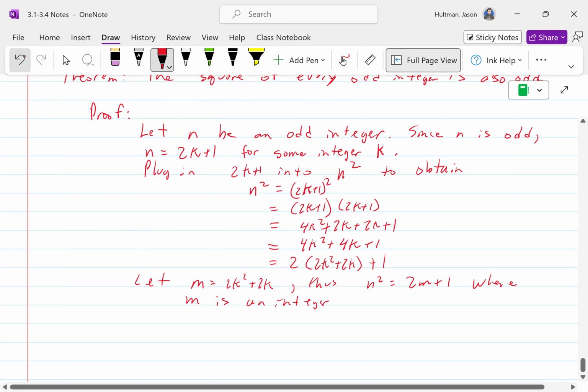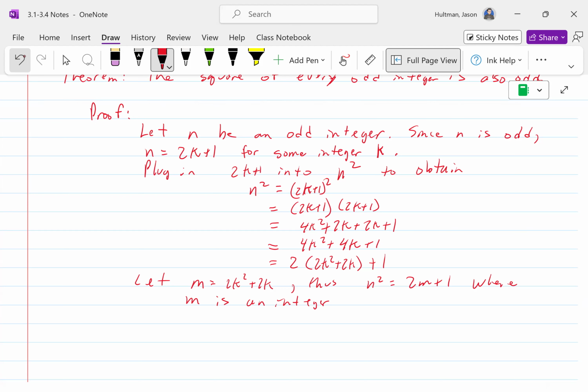If k was an integer, and we square it, multiply times 2, and then add 2 times the integer, well, then it is itself an integer because integer multiplication and addition is closed.